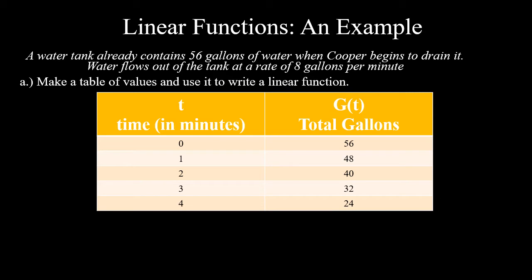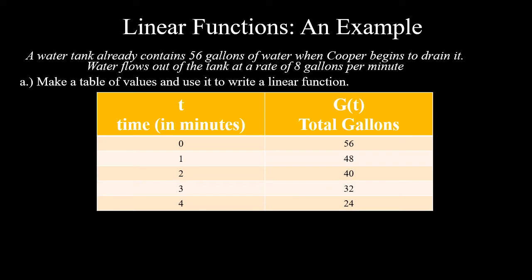This question is given to me in gallons of water, so I gave that the smart label G of t. G, of course, stands for gallons, and we know that this depends on our time, our input. Our function is always dependent on our input. And that is just representing the total gallons of water in my tank. So obviously my units are gallons.